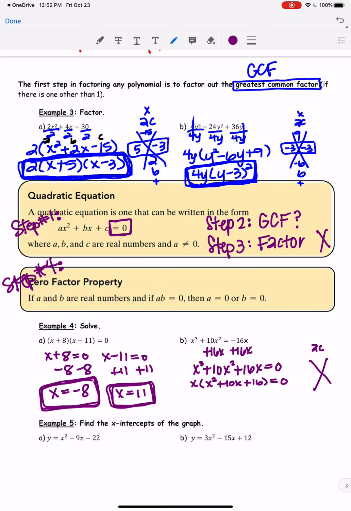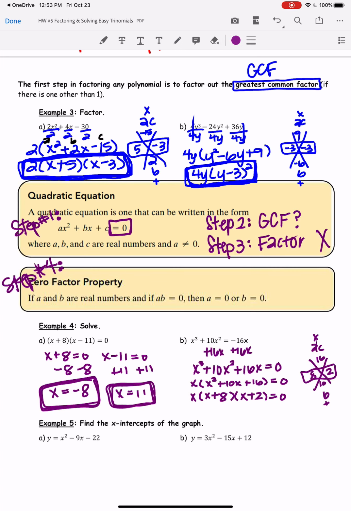My A times C is 1 times 16, so 16. My B term is 10. So what adds up to 10 and multiplies to 16? That's going to be 8 and 2. So this becomes x plus 8 and then x plus 2.